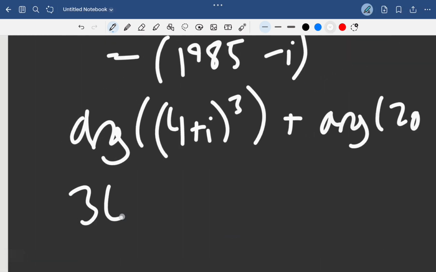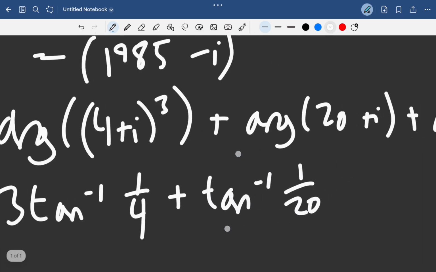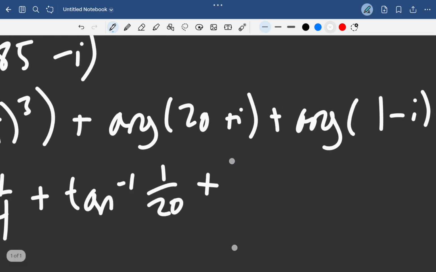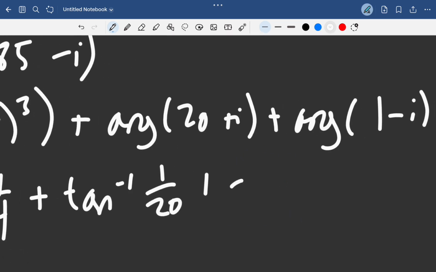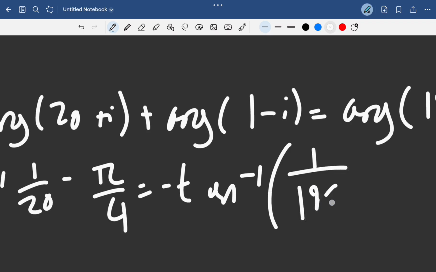So the argument of this is 3 tan minus 1 of 1/4 plus tan minus 1 of 1 over 20 minus pi over 4, sorry. This is minus pi over 4. And this will equal minus tan minus 1 of 1 over 1985.